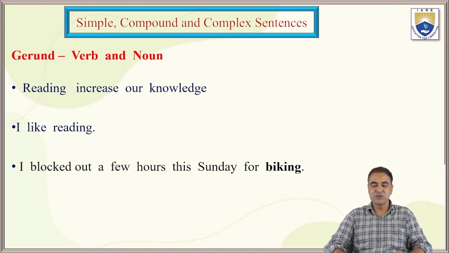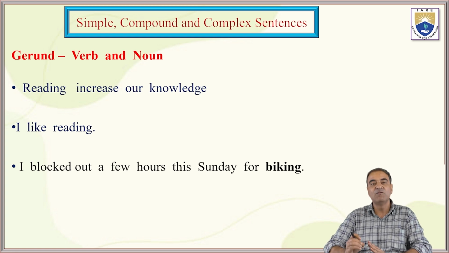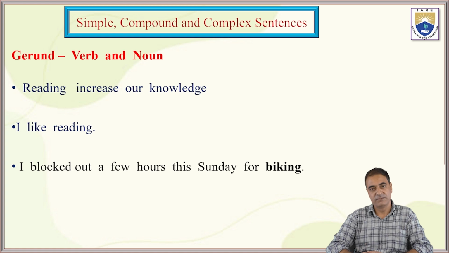They have the force or the nature or the behavior or the character of both a noun and a verb. And you need to remember that this gerund, you will find only in one form, and that is the ing form.